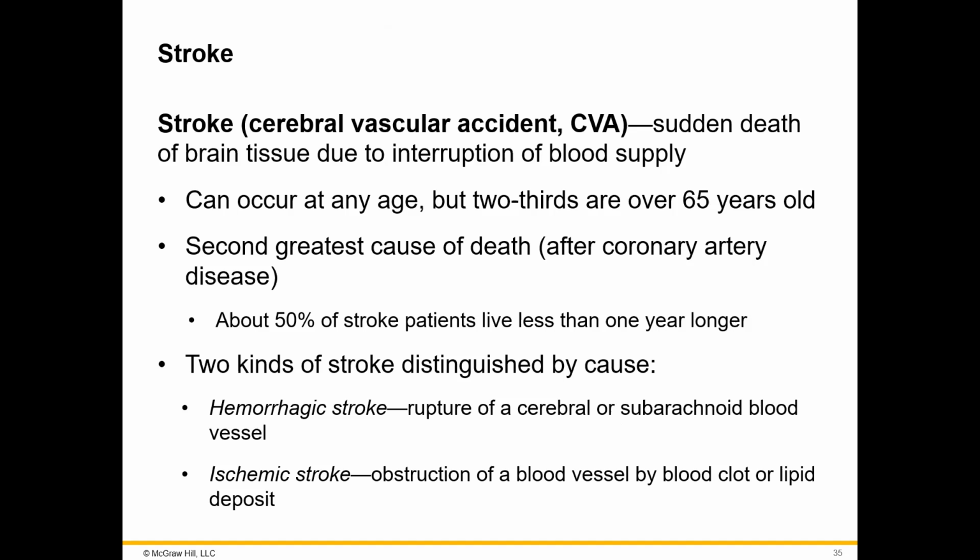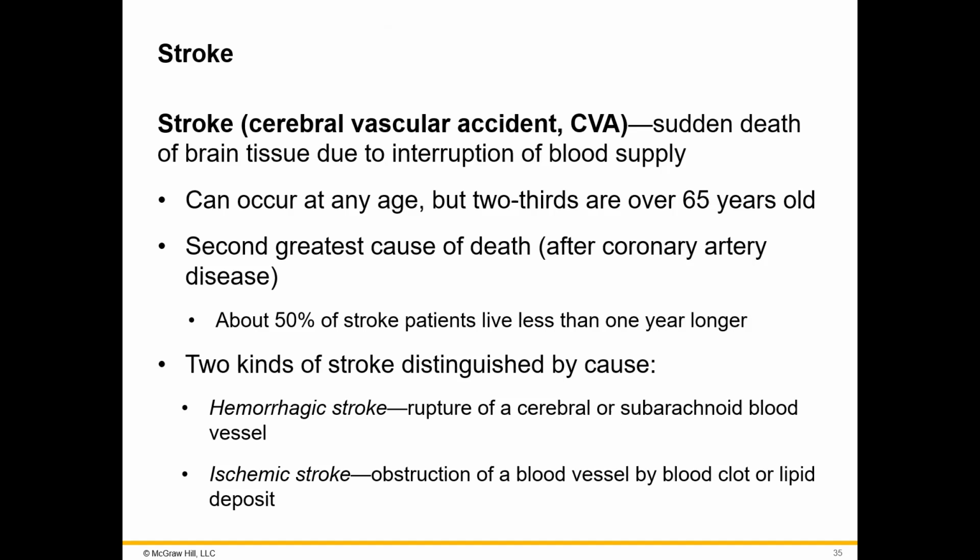Okay, so when it comes to stroke, what happens? You have blood supply that is going to nourish and perfuse brain tissue. Let's say this is the brain with all the nuclei. 100% of the blood arrives to nourish 100% of the brain.